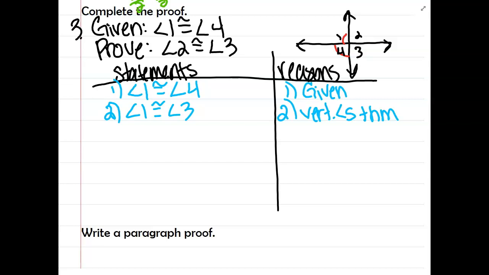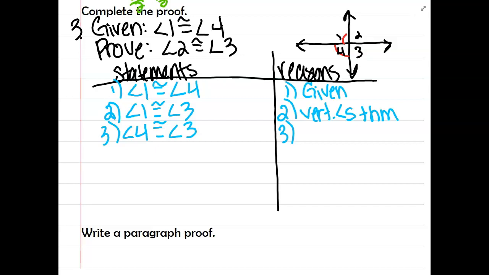What do you think? Angle 4 is congruent to angle 3, because angle 1 is congruent to angle 4, and angle 1 is congruent to angle 3. Angle 4 and 3 are both congruent to the same thing. You see that? So they have to be congruent to each other. If they're congruent to the same thing, they have to be congruent to each other.